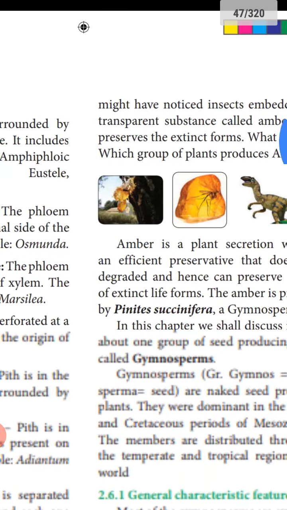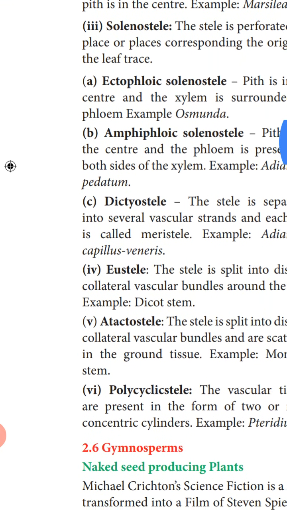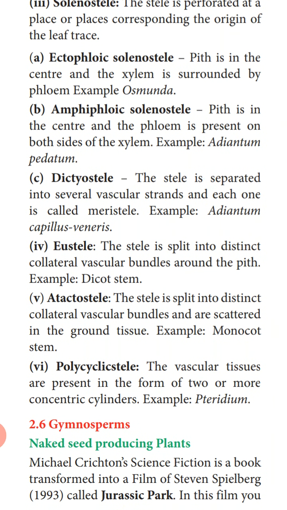The next type of steel we are going to study is the polycyclic steel. The vascular tissues are present in the form of two or more concentric cylinders. Example, Pteridium. Here in polycyclic steel, the pith is present in the center. Around that, numerous xylem and phloem bundles are present.